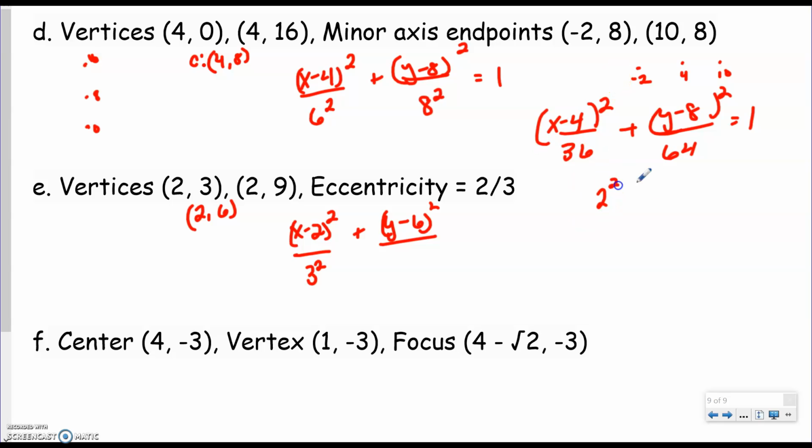So c squared equals a squared minus b squared. So I get 4 equals 9 minus b squared. So -5 equals -b squared. So b is going to be the square root of 5. So the square root of 5 squared. And then simplify that. So you get 9 and 5 in your denominators.